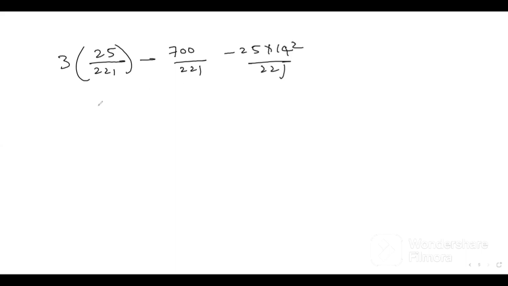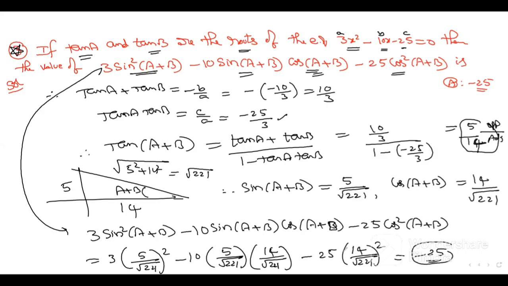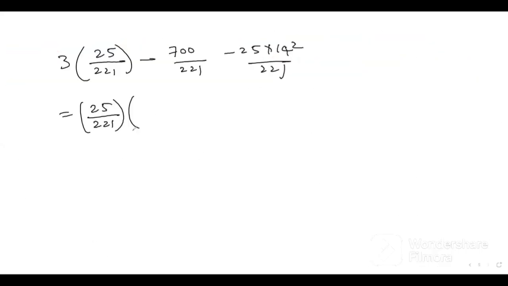It will become, here 25 by 221 I take common. What we get here? Here 3, here 28. Here 28 minus here 196, 14 square. It will become minus 25.